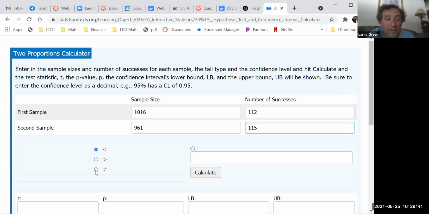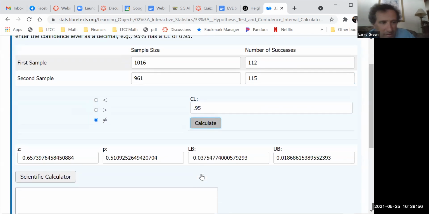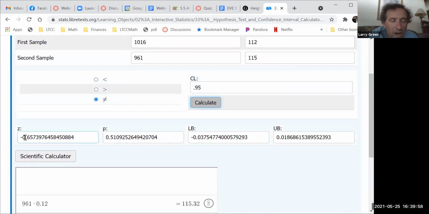Okay, our alternative hypothesis was not equal to. So I click not equal to. We're going to want a 95% confidence interval, so 0.95, because that was part of the question too. And I hit calculate. Our test statistic is negative 0.657 or so. Our p-value is 0.51.